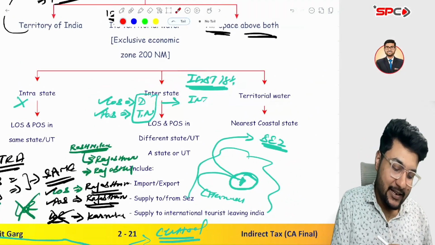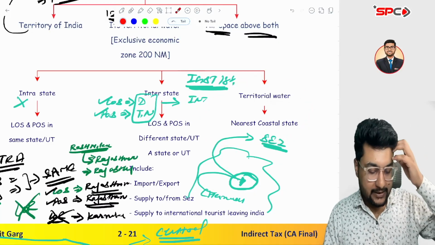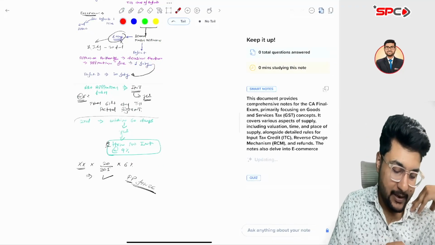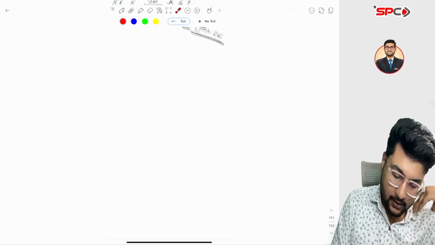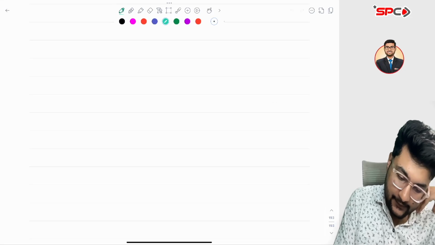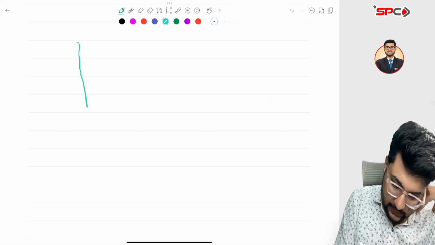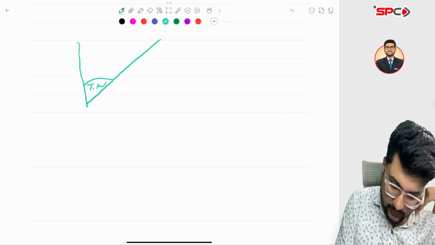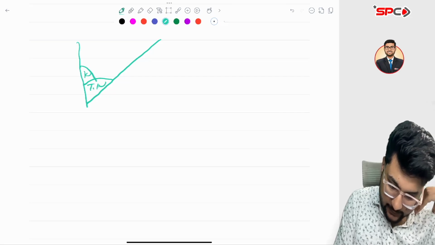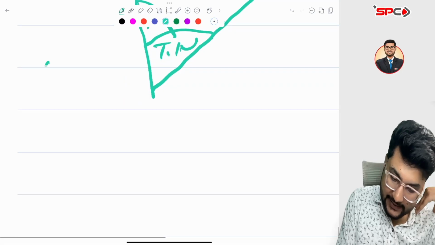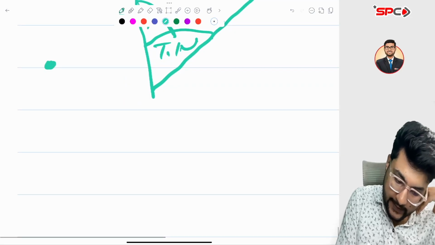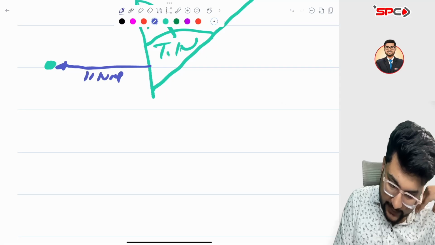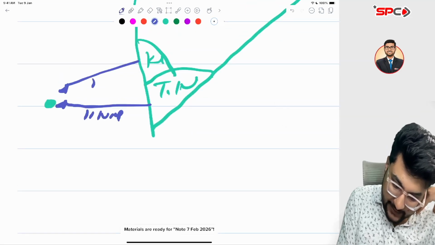Okay. Third is our territorial water. It's very interesting; although it's related to place of supply, we will still discuss it here. Suppose this is the lower part of India, and here is Tamil Nadu, and here is Kerala. Suppose there is a supply here, and Tamil Nadu is 11 nautical miles away and Kerala is only 10 nautical miles.